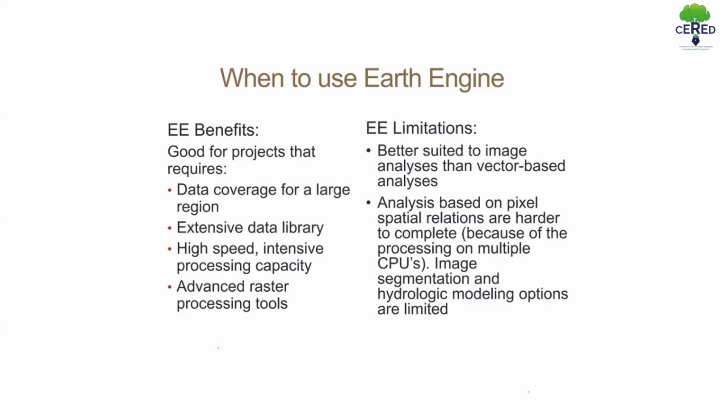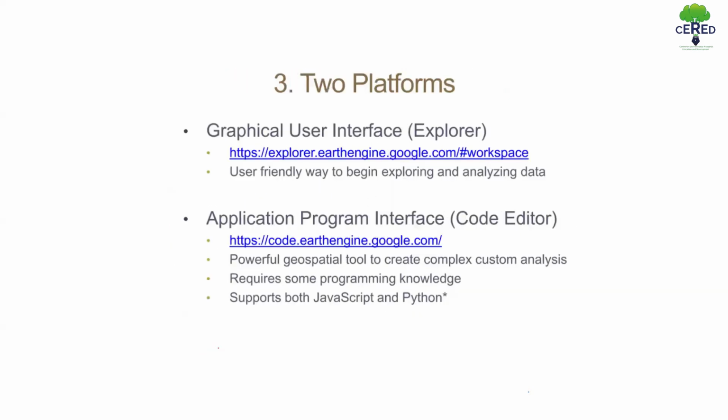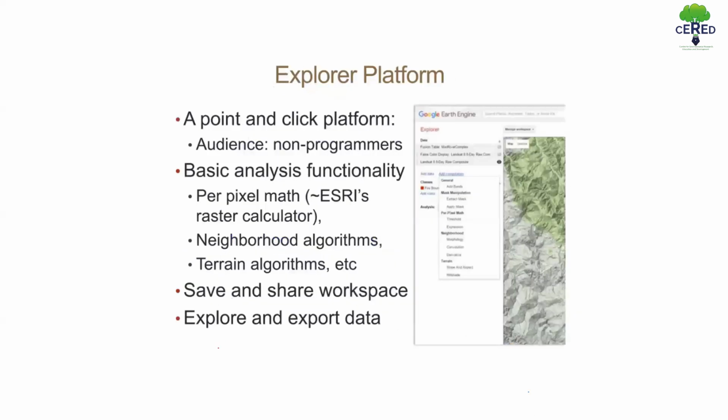Okay. So in Google Earth Engine, there are two types of platforms. One is the Earth Explorer platform, and the other is the code or coding platform, the application programming platform. In the Explorer platform, you can get different types of algorithms: which algorithm is used for which model, which algorithm is used to download the satellite image, which algorithm is used to mask the satellite image with your file.